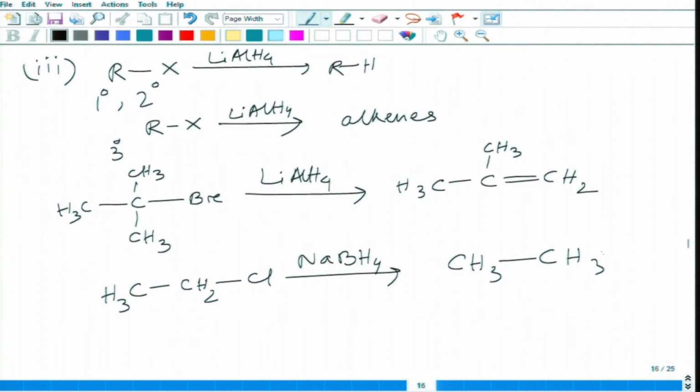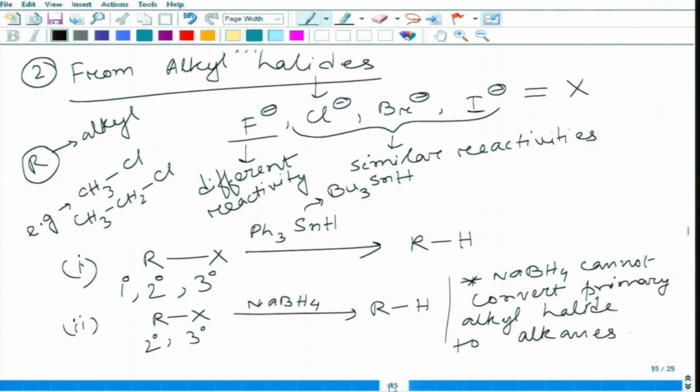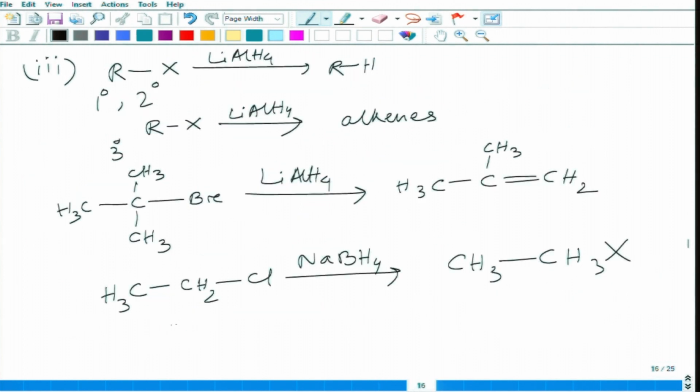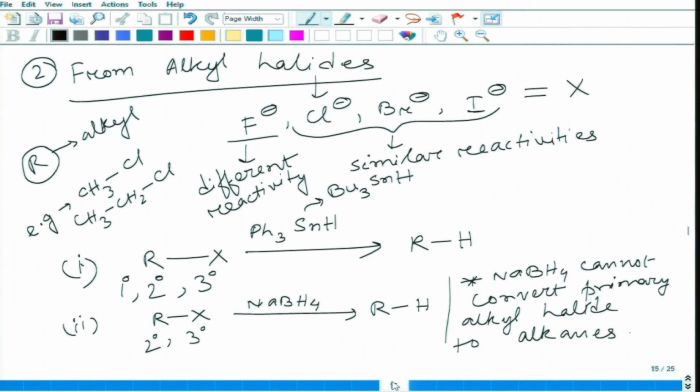It will not be converted to ethane because we had said that NaBH4 does not act on primary alkyl halides. So, these are some common reducing agents which convert alkyl halides to alkanes.